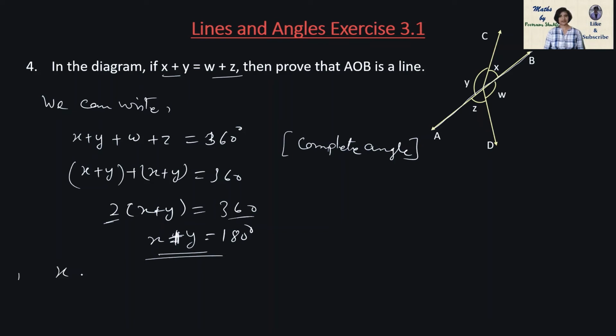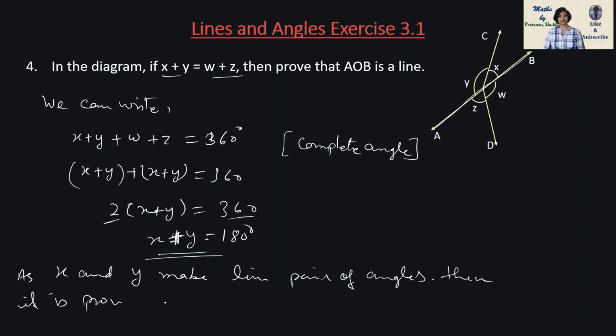As x and y make linear pair of angles, then it is proved that AOB is a line. Hence proved.